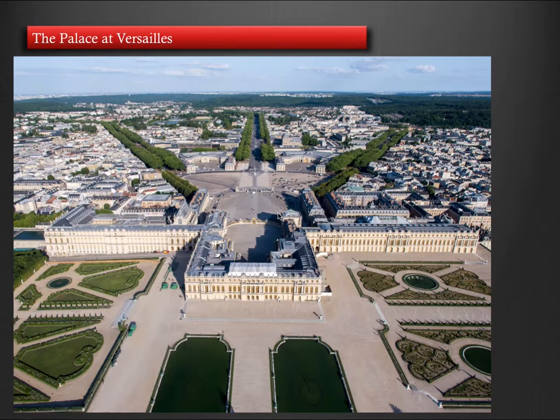Originally, the capital was in Paris, but the king relocated the capital, or the seat of political power, to Versailles. This building began as a small-ish hunting lodge, and then Louis XIV began this massive building program, and the gardens and buildings now cover 17 acres of land.